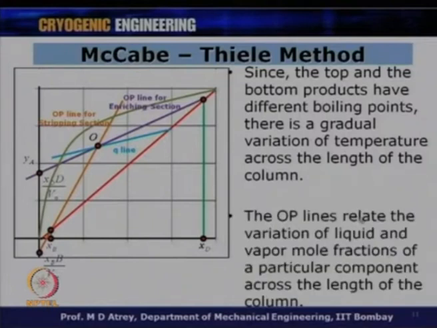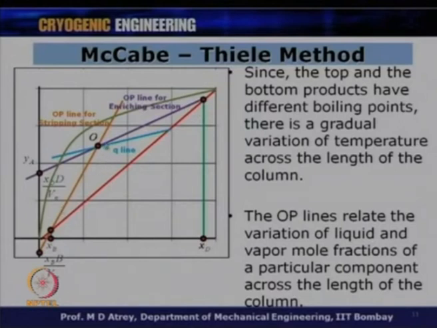The operating line relates the variation of liquid and vapor mole fractions of a particular component across the length of the column. So, what is the operating line? The operating line is basically giving you a relationship between yn and xn plus 1, so yn as a function of xn plus 1, and therefore, it relates the liquid and the vapor mole fractions of a particular component across the length, that means at various temperatures, all right.